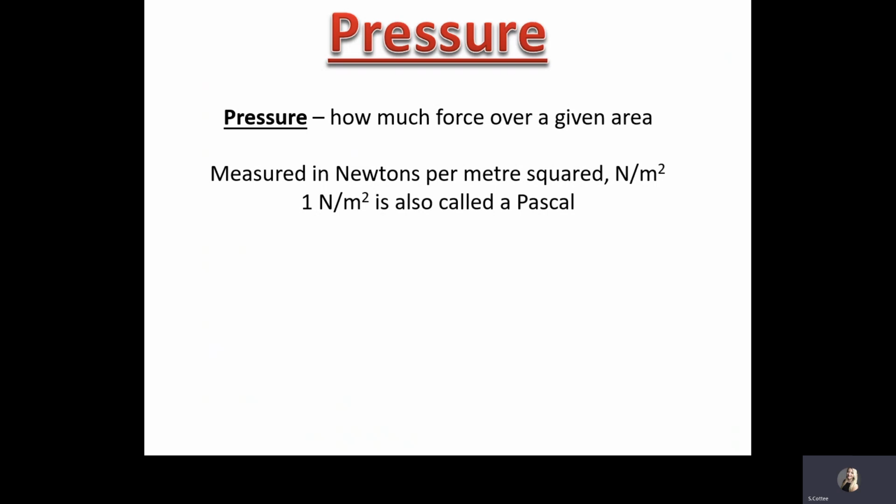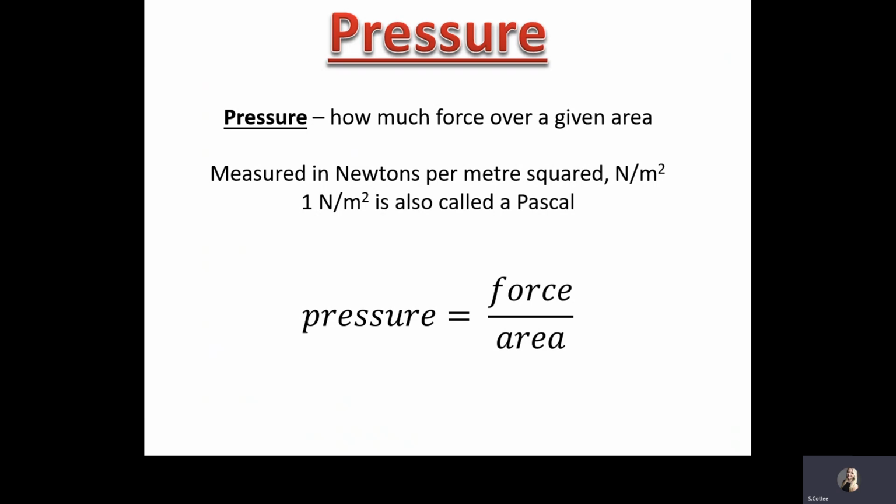It's essentially an old unit which we don't really use much anymore, especially not in science in the classroom at school. You might also see pressure in units of bars, also something that we don't use in school. So there are other units out there. So in school we use either newtons per meter squared or pascals.